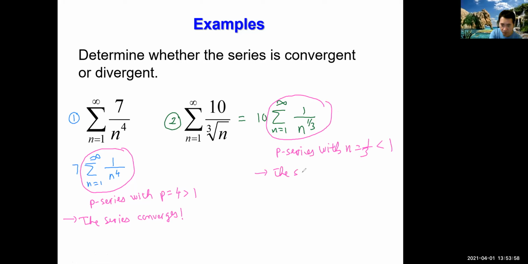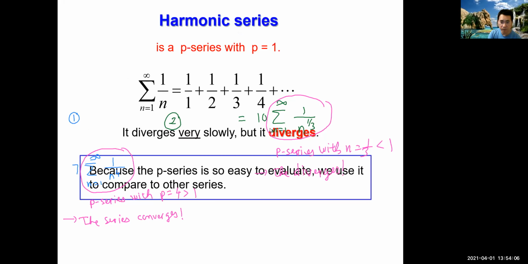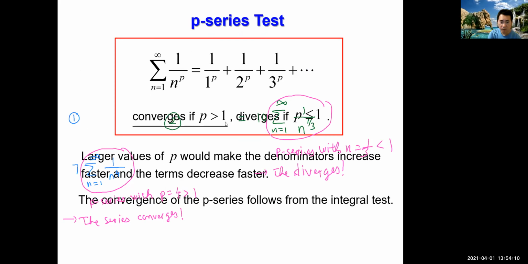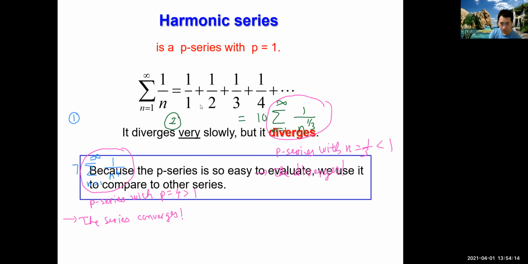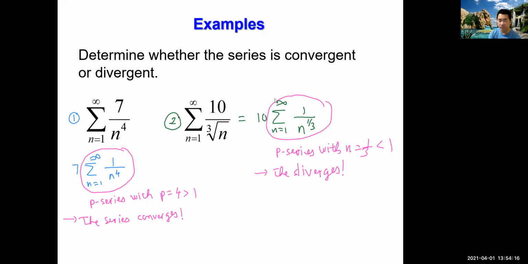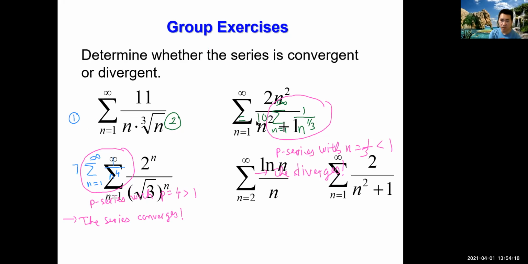I said it backward. Diverges. Again, we reference this information here: P bigger than 1 versus P less than 1. Again, the P series is pretty easy to use.